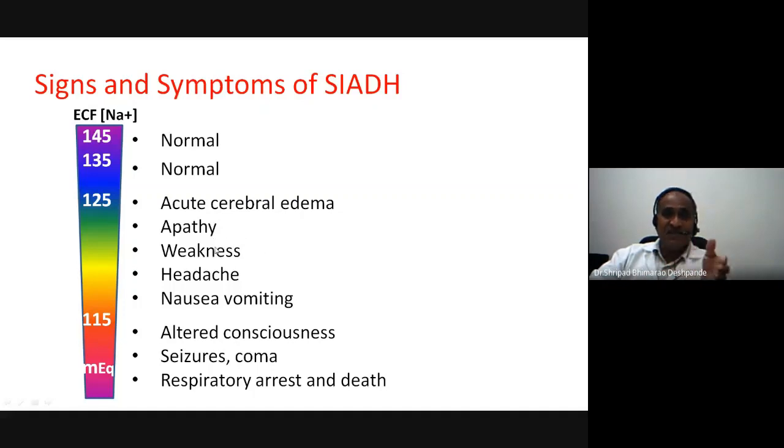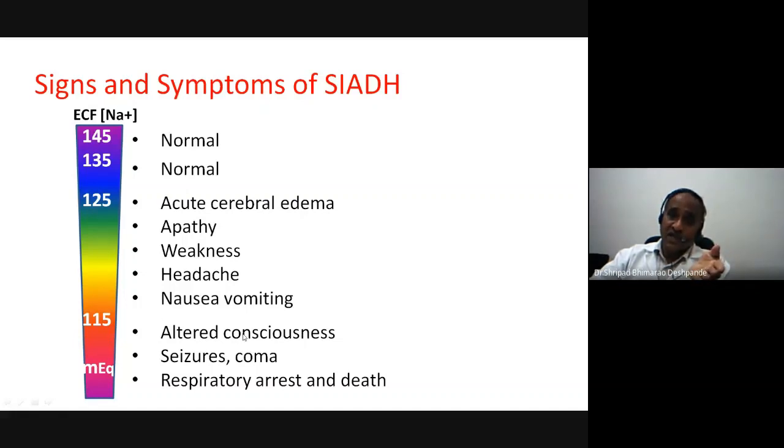Then he feels weak, with generalized weakness, and he feels headache because of the cerebral edema, and even lightheadedness. He will feel nausea and vomiting as the sodium level falls below 125, or when it reaches 115 or so. When it reaches around 115 or lower, the consciousness of the individual is altered.